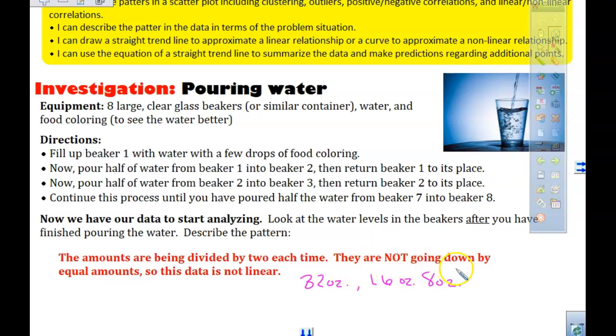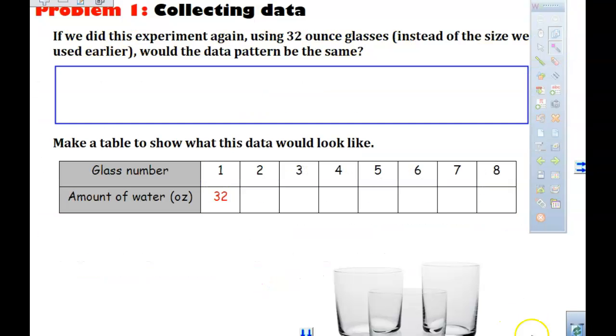It says they are not going to be going down by equal amounts, so it is not linear. It's going to be a curve. In your notes, if we did this experiment with a 32-ounce glass instead of the size we used earlier, what would the data pattern look like?